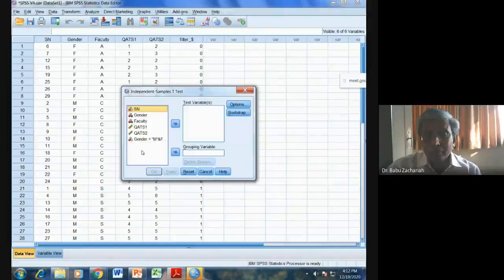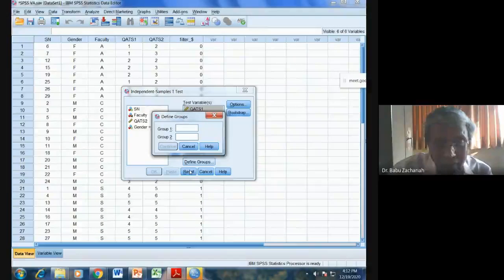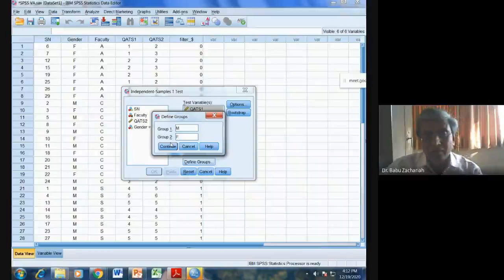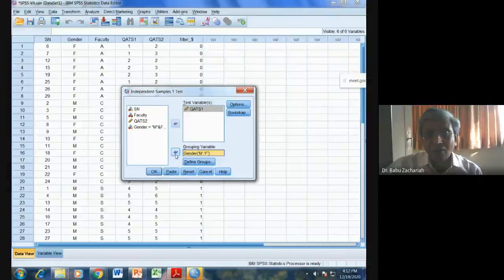In quartz 1, we are comparing, and the comparison is based on gender. So the grouping variable is gender, and the values are M and F, male and female. Now click OK here.